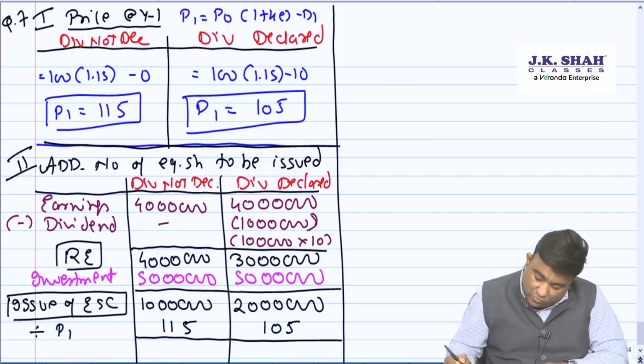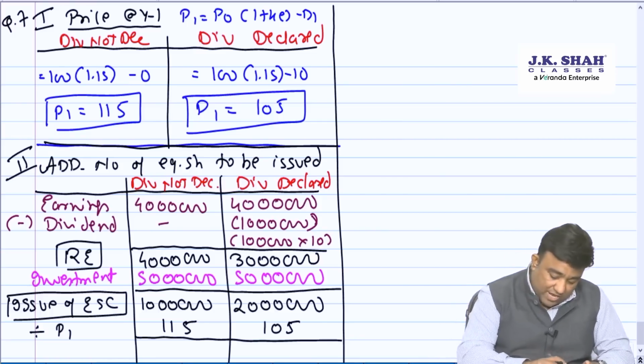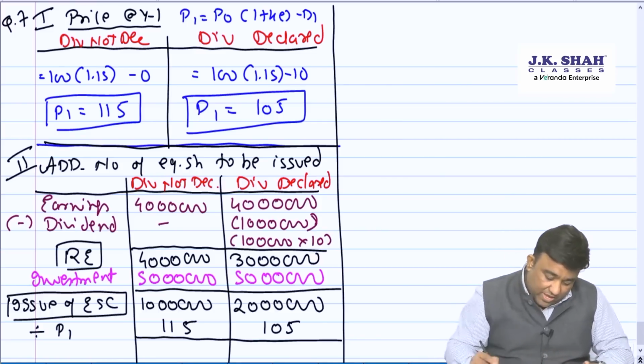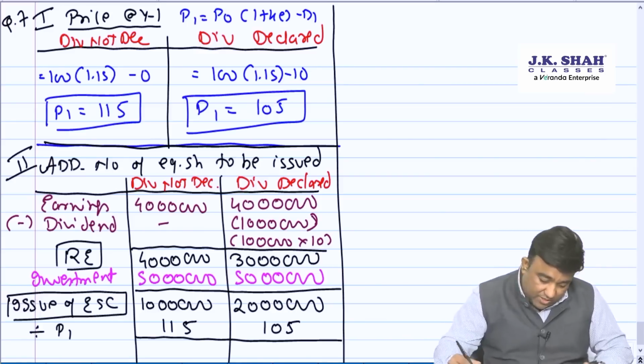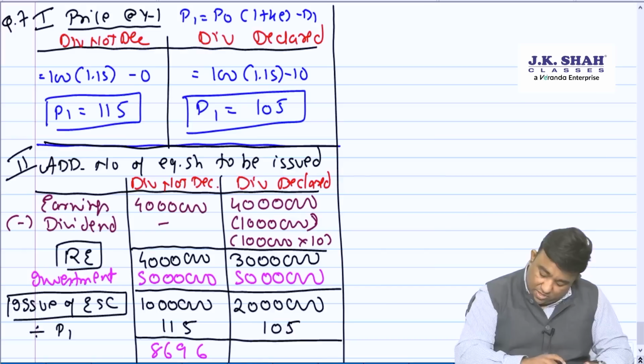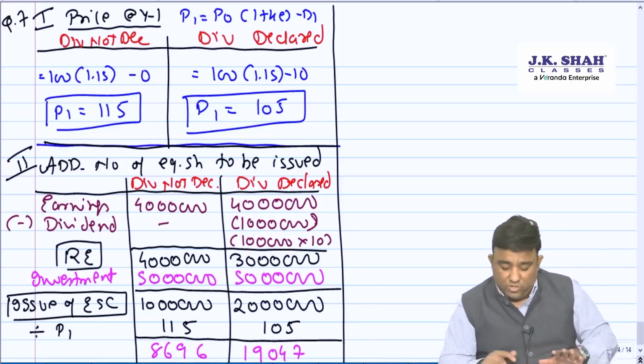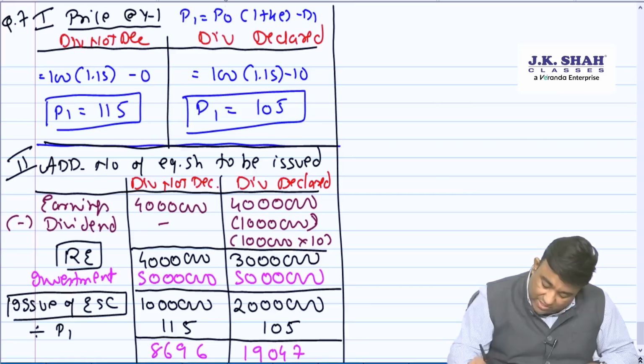So I can calculate the number of shares which was ultimately asked of you. 10 lakh divided by 115, I can say this is approx 8696. And this is 20 lakh divided by 105, it is approx 19047. The number of shares they've asked you is ready.